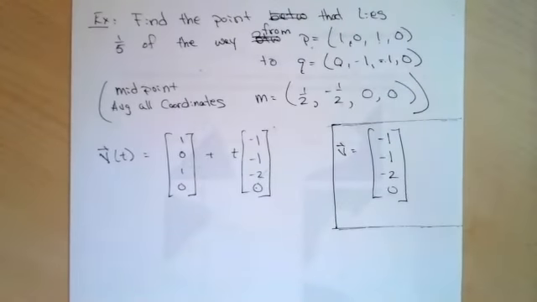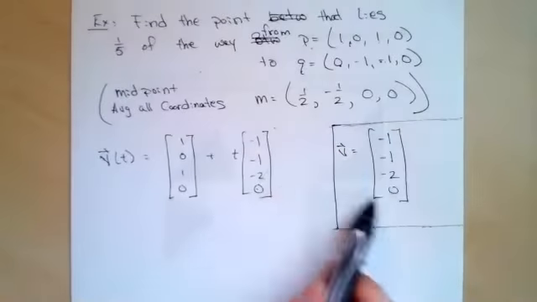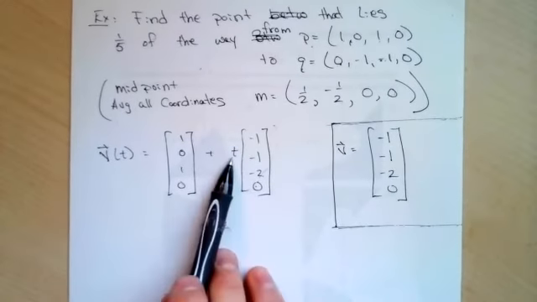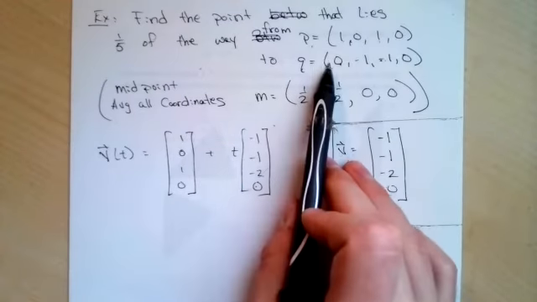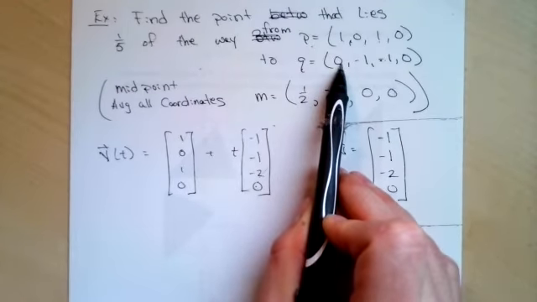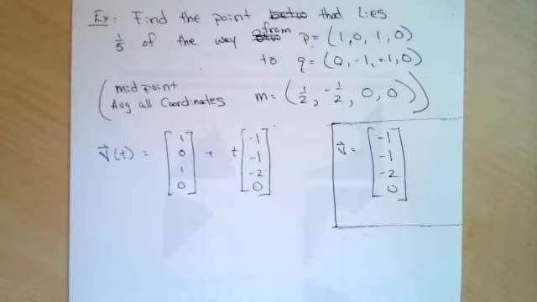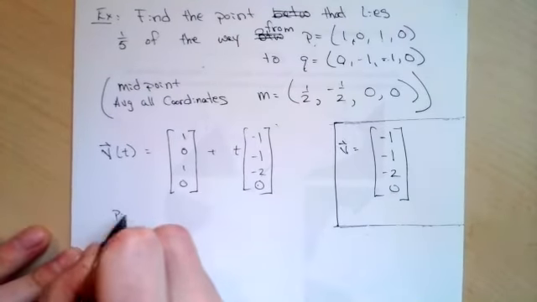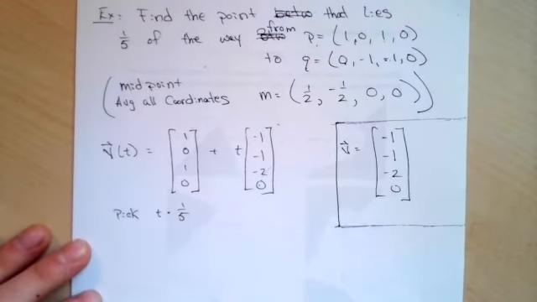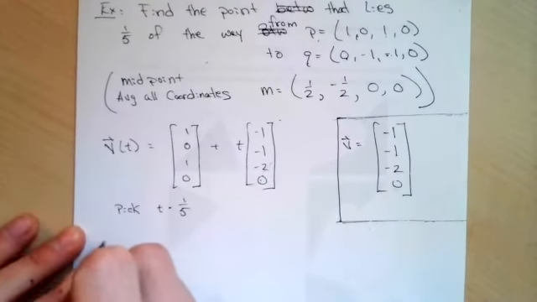So when t is equal to 1, we can go through the computation again, and you should see that we will end up at Q. We don't want to end up at Q, we just want to end up 1/5 of the way there. So we just want to pick t is 1/5.